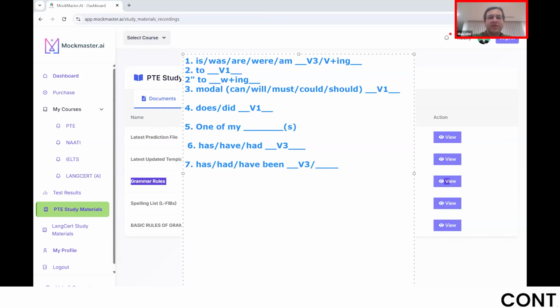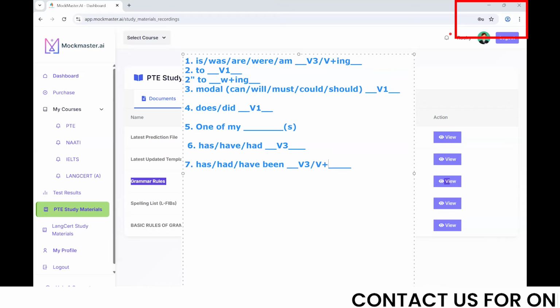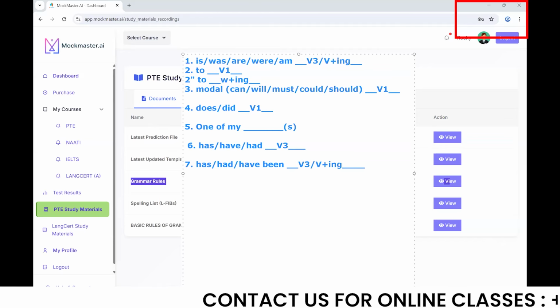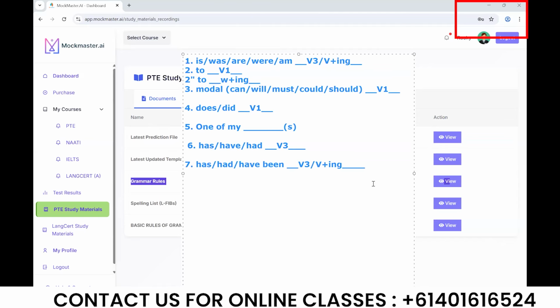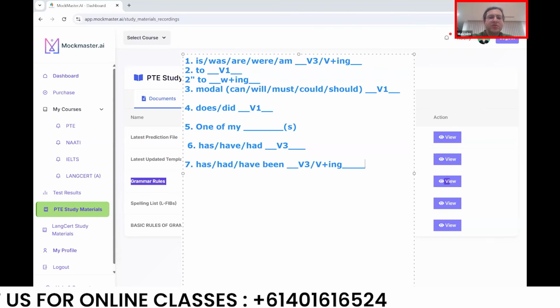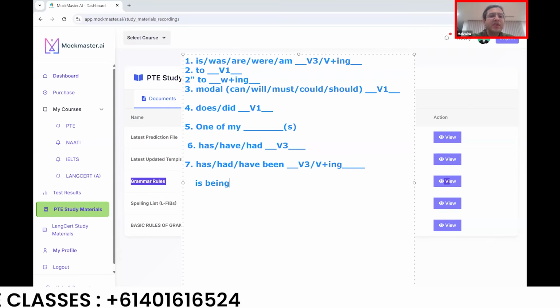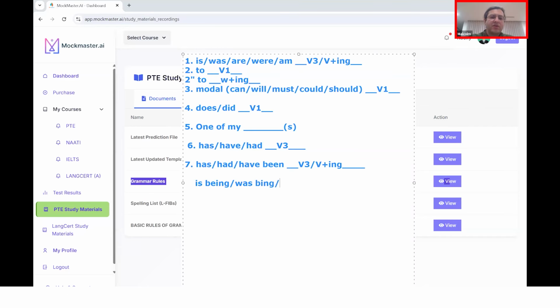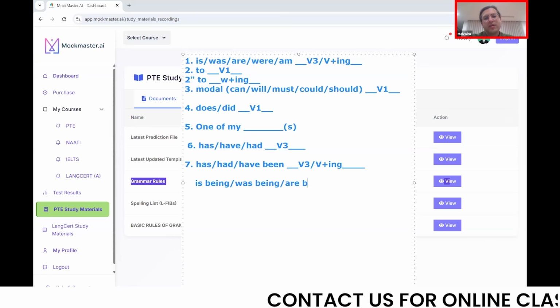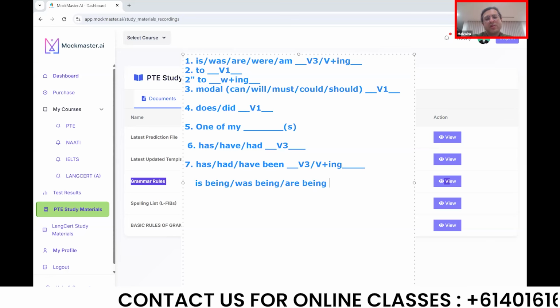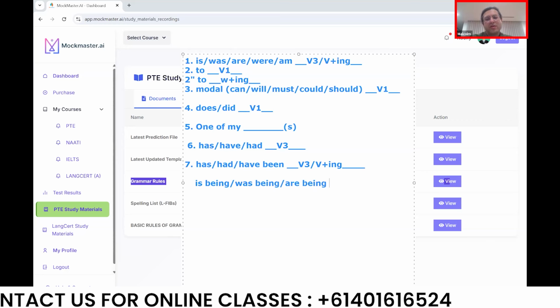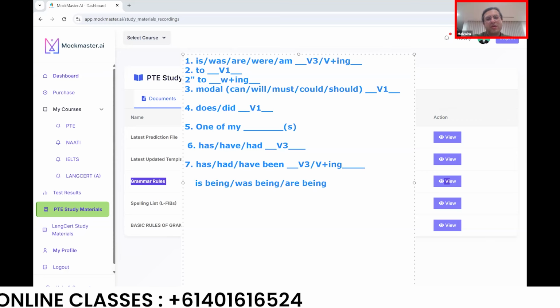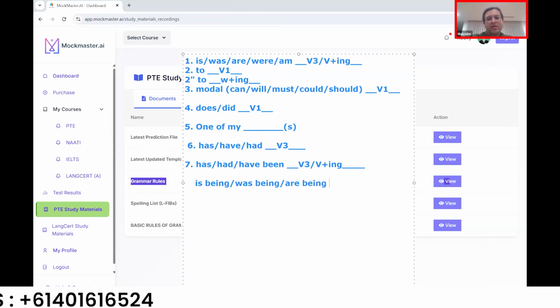Either V3 or -ing. Similar rule applies to is being, was being or are being. Again, mostly -ing.